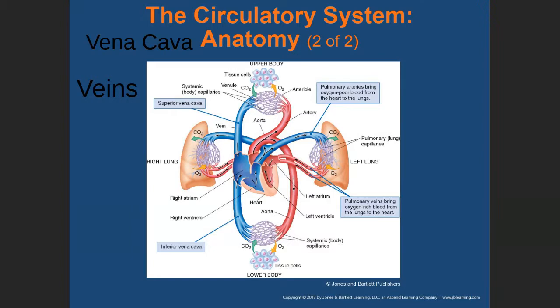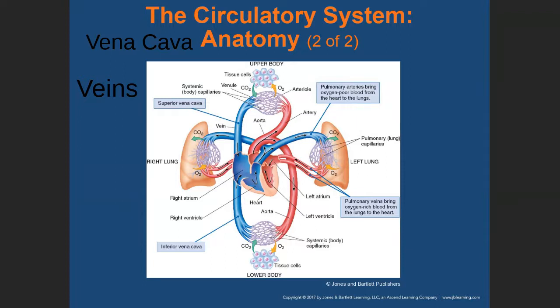The superior vena cava supplies the upper body with blood, right? And the inferior vena cava supplies the lower portion of the body with blood, right?